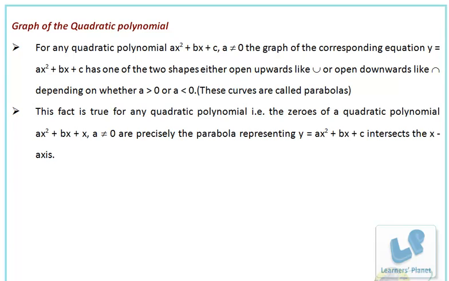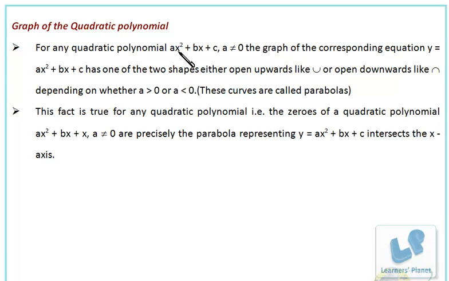Now friends, let's discuss the graph of the quadratic polynomial. For any quadratic polynomial ax square plus bx plus c, where a is not equal to 0 (if a becomes 0, it will be converted to a linear polynomial, so precisely a should not be 0 if it is a quadratic polynomial), the graph of the corresponding equation y equals ax square plus bx plus c has one of two shapes: either open upwards like a U shape or open downwards like a reverse U shape, depending on whether a is greater than 0 or a is less than 0.